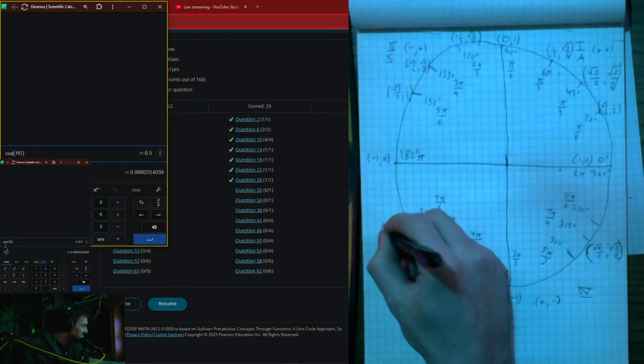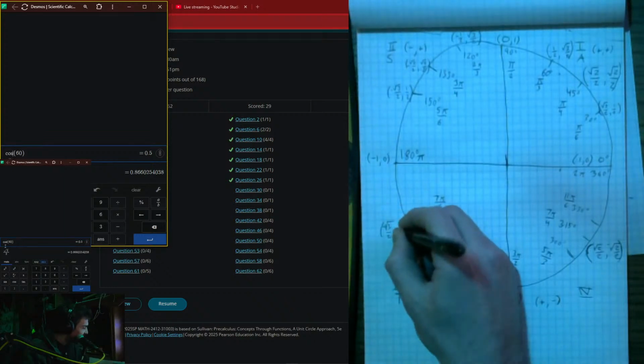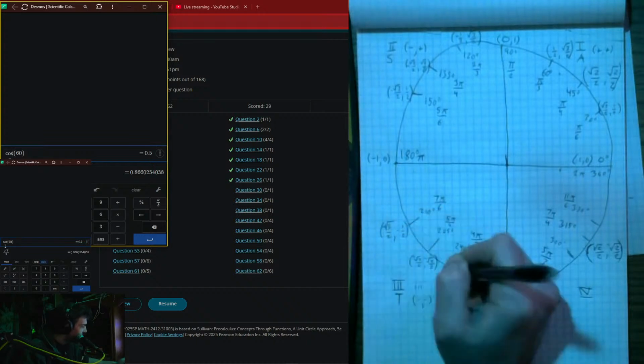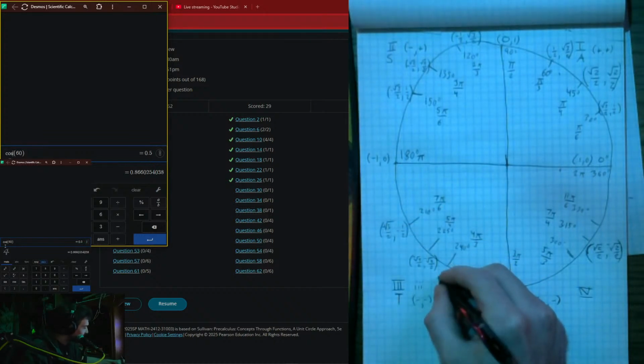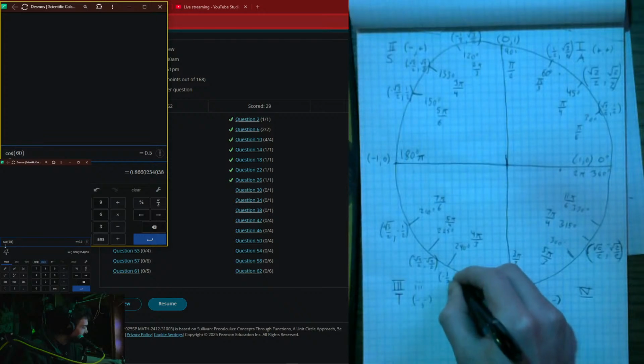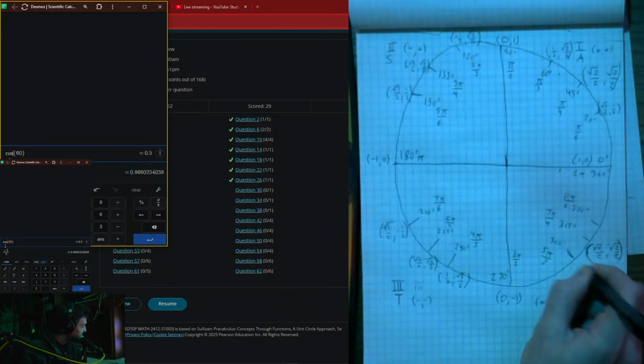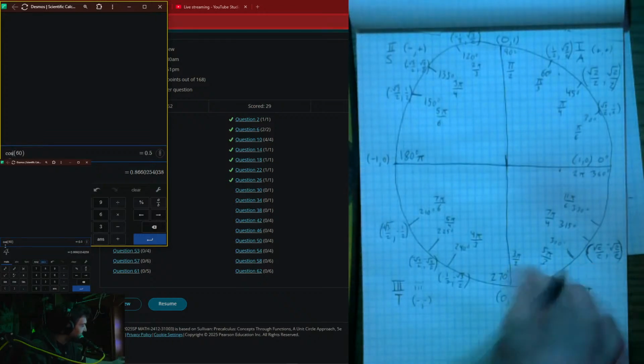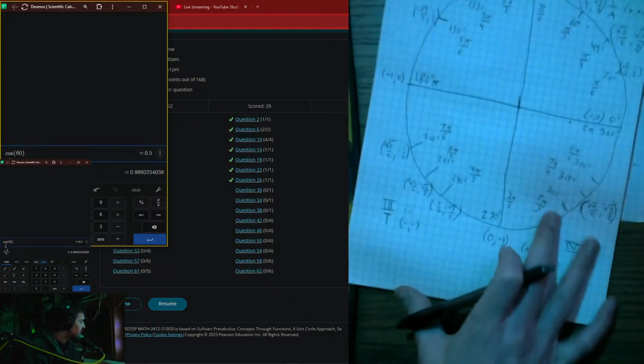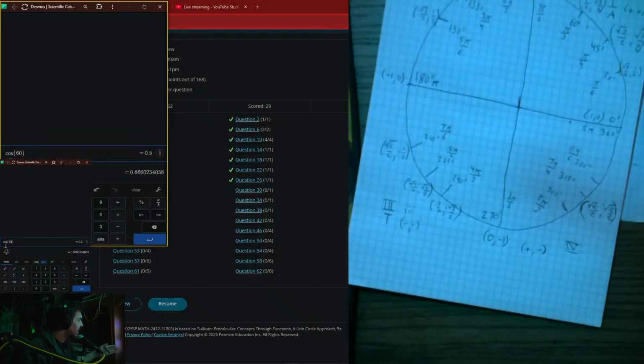Negative square root of 3 over 2. Negative 1/2. Negative square root of 3 over 2.